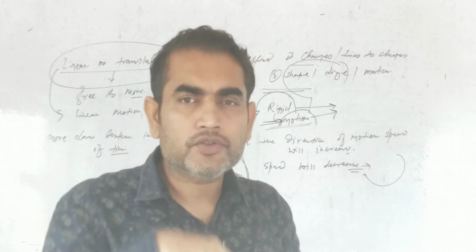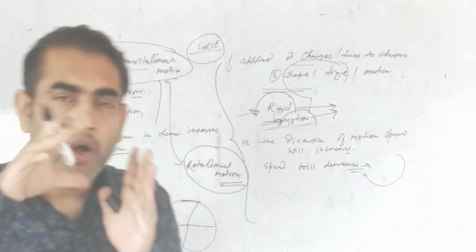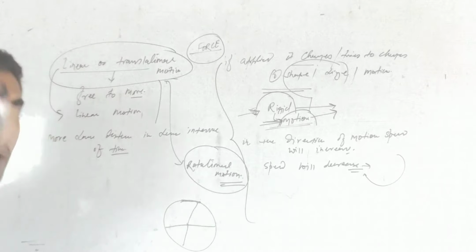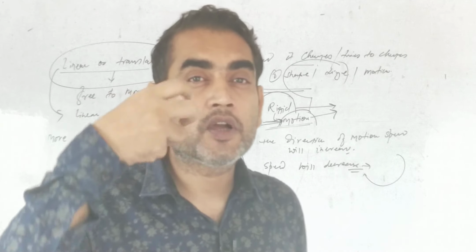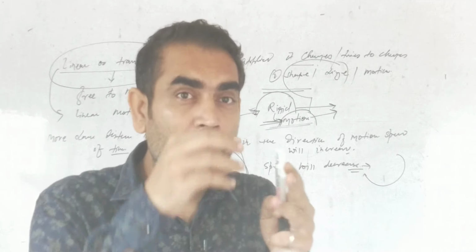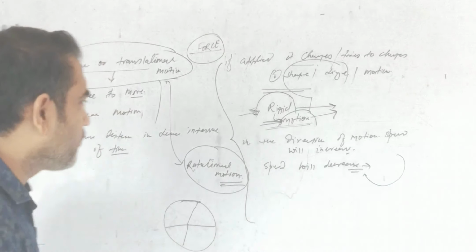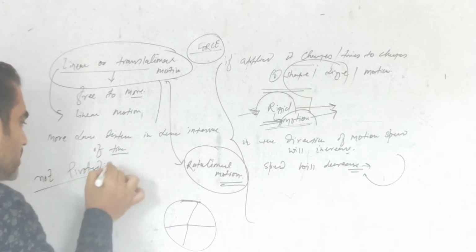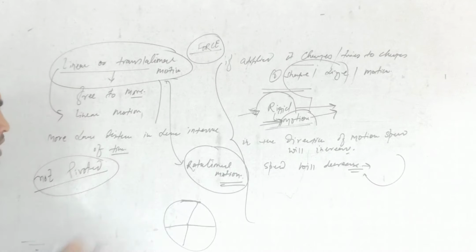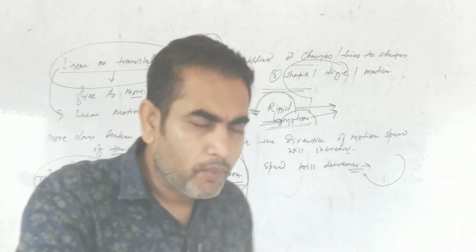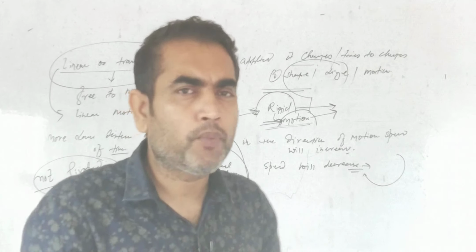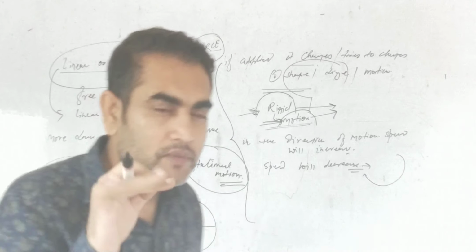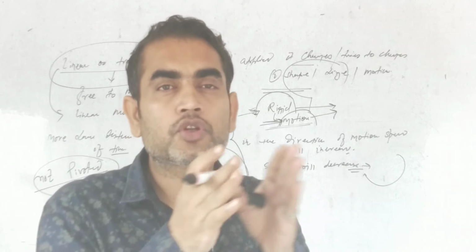First situation: whenever force is applied on an object that is free to move, that means it is not fixed to a particular point, it is not pivoted, not bound to rotate about a point, then that force will lead to linear motion of the object.